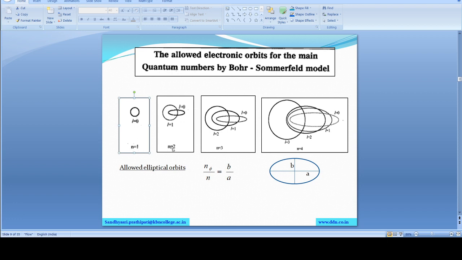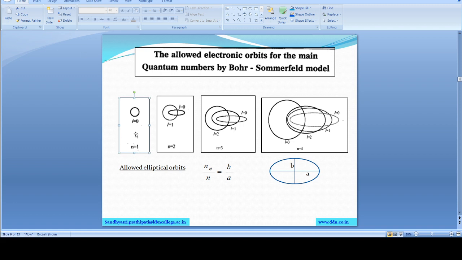For n is equal to 2, L is equal to 2 minus 1, 1. But the meaning is L is not only 1, the values of L are from 0 to 1. For n is equal to 3, L is equal to 3 minus 1, that is equal to 2. So the values of L are from 0 to 2. Similarly, for n is equal to 4, 0 to 3.